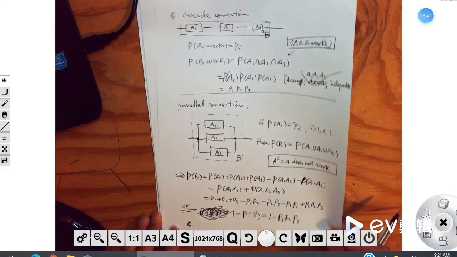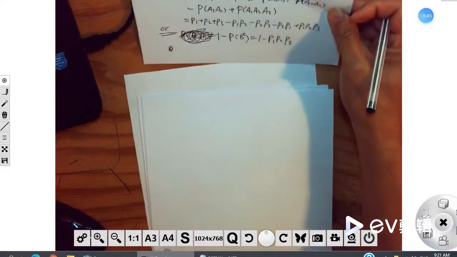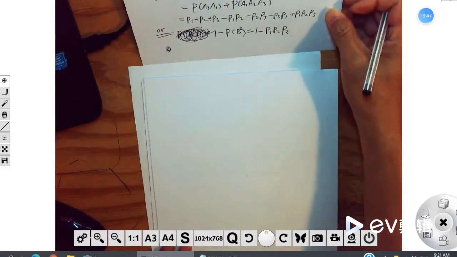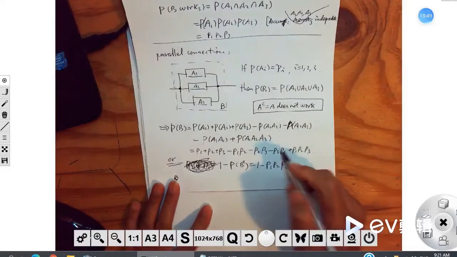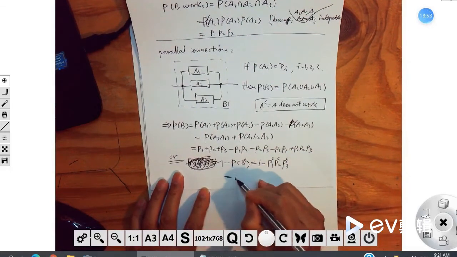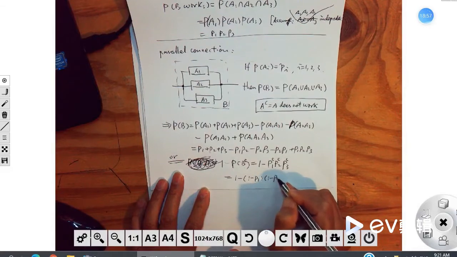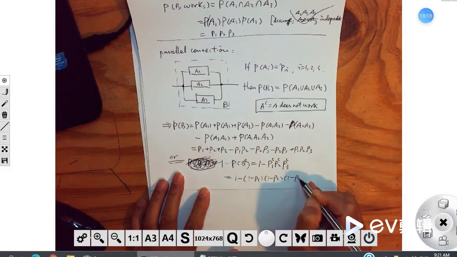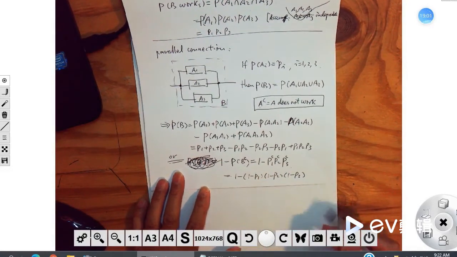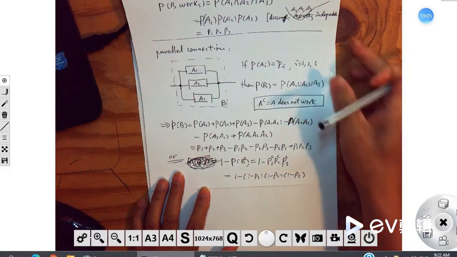We can double check whether this is correct. Oh, no, this is B complement. Each one will be 1 minus P1 times 1 minus P2 times 1 minus P3. Actually, these two are the same. We can check.